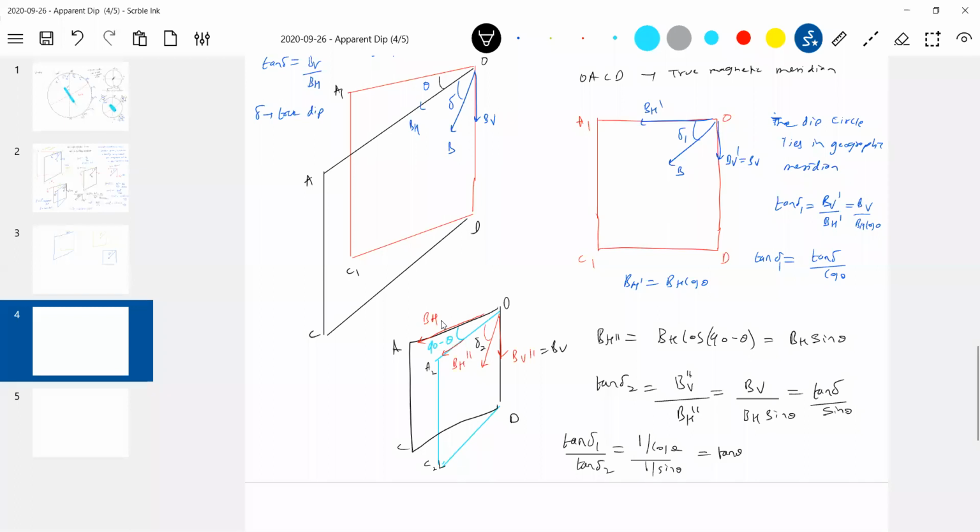Apparent dips, no? Delta 1 and delta 2 are apparent dips. And what is declination? True declination. Even the declination I'm able to get. So at a given point, if you know the apparent dip, you can get the declination. Theta is the true declination.